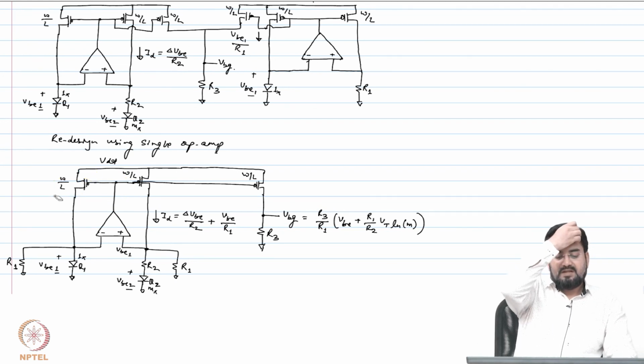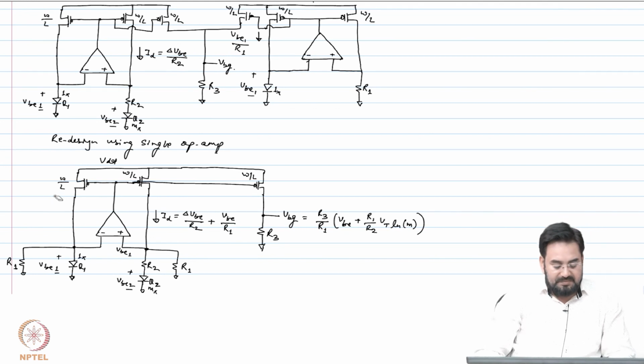Okay. So that is why inaccuracy here might be more compared to standard band gap. And other thing is, now you have to match these R1 also on both sides. So not only the current mirrors, but these resistors also have to be matched. So R1 R2 is the another thing, because we want to maintain the ratio, so they need to be matched.